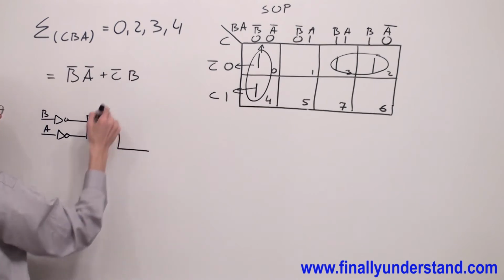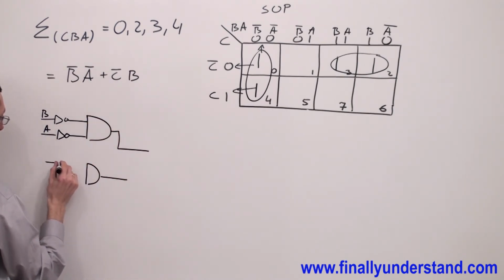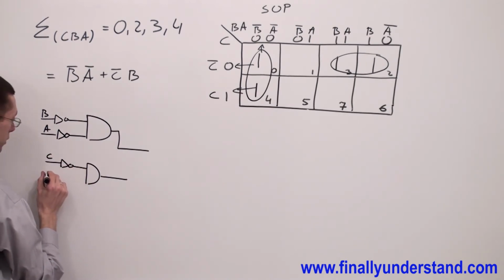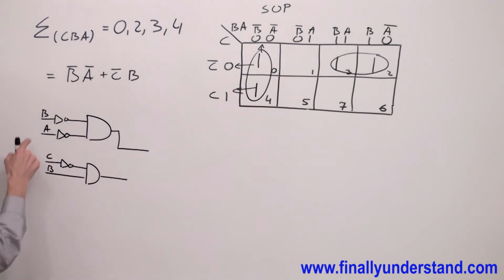and I have another AND gate with input C connected to the inverter, and I have input B. Remember that these B's are always connected.